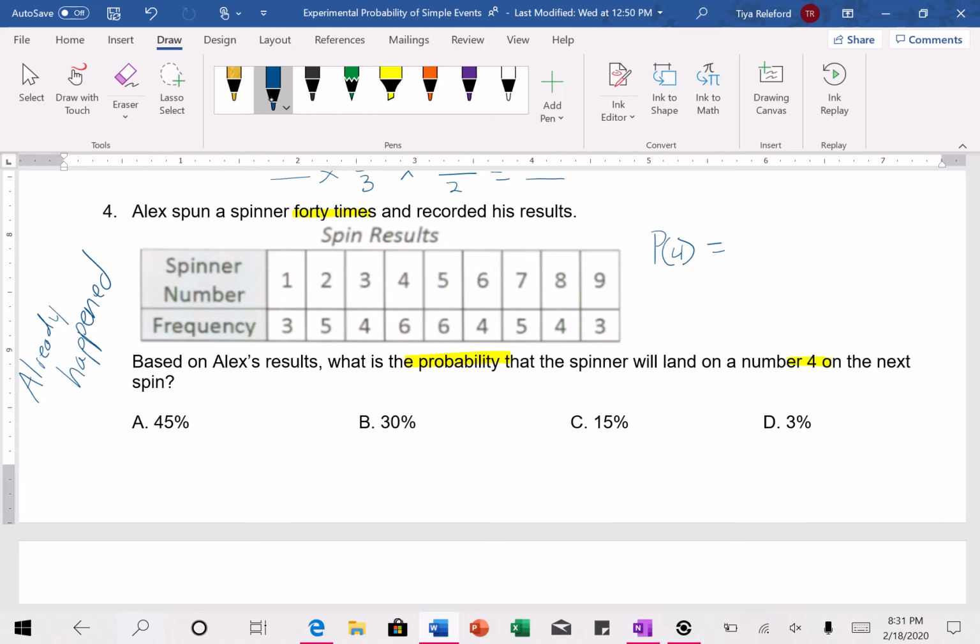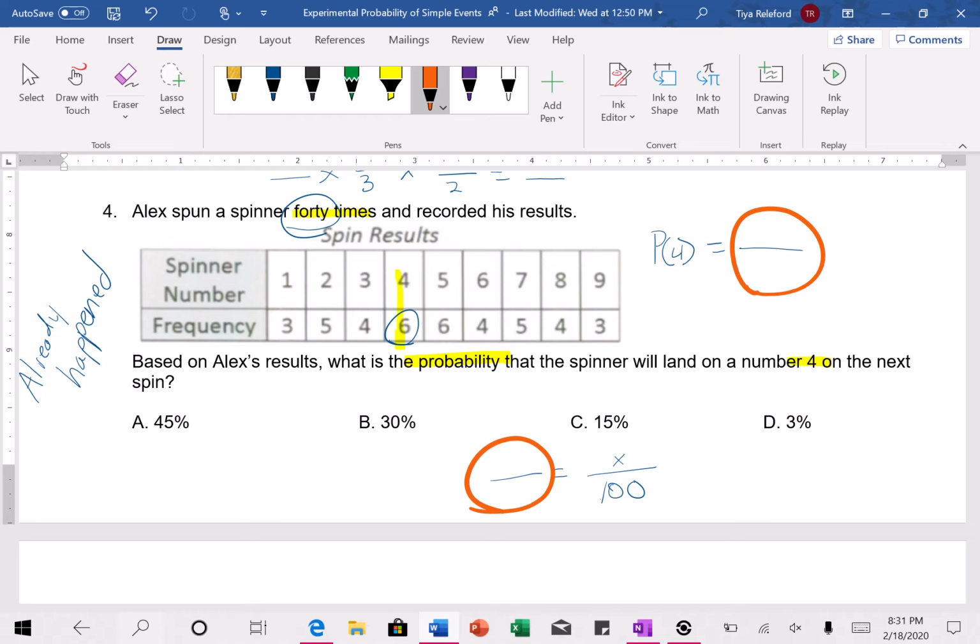How many times did he spin altogether? 40, that's your bottom number. And how many times did he get a 4? 6 times, that's your top number. So you have 6 over 40. Now, once you get your probability, you're going to have to set up a proportion using this probability to find the percent.